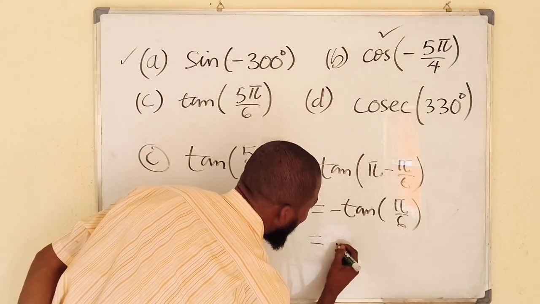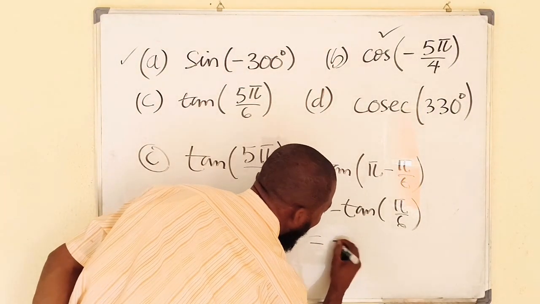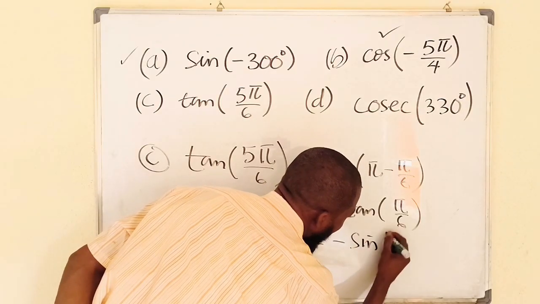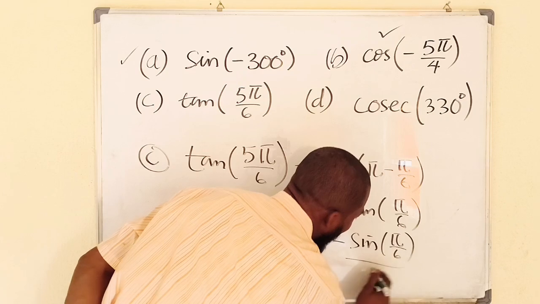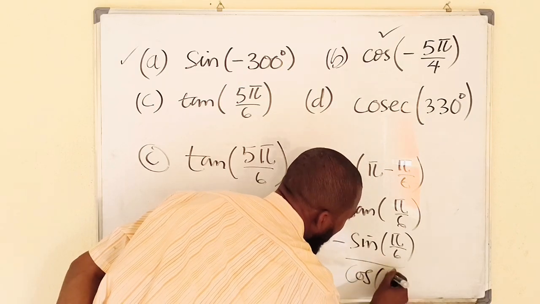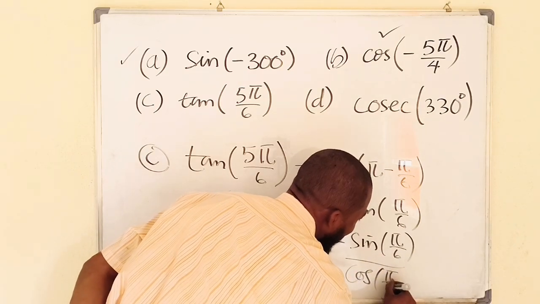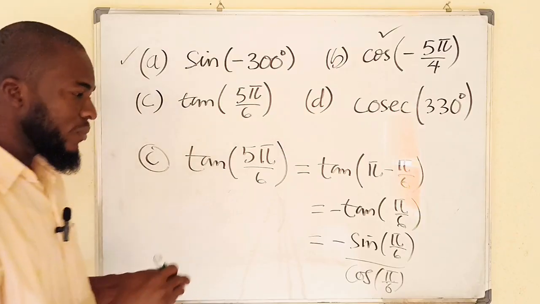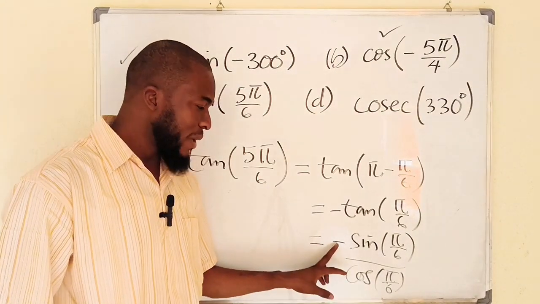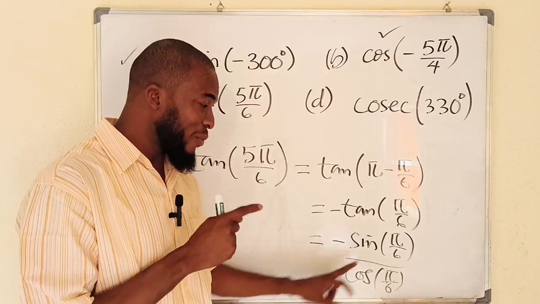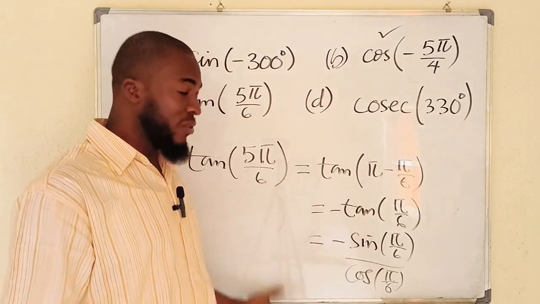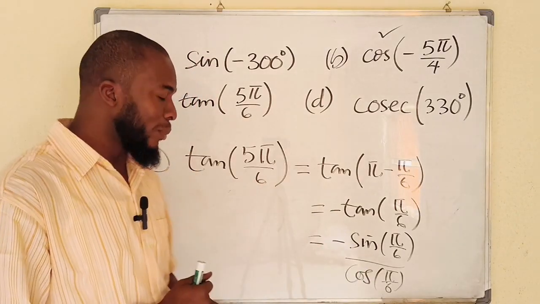So this is equal to negative sine of pi divided by 6 divided by cosine of pi divided by 6. But remember, the negative is attached to cosine because cosine is negative in the second quadrant, but sine is positive. But it doesn't matter, you can take the negative to the top.